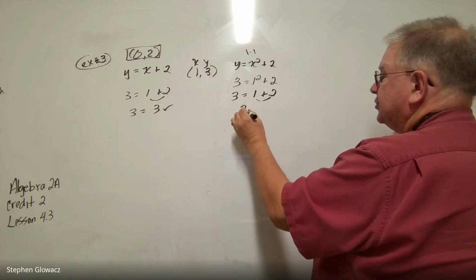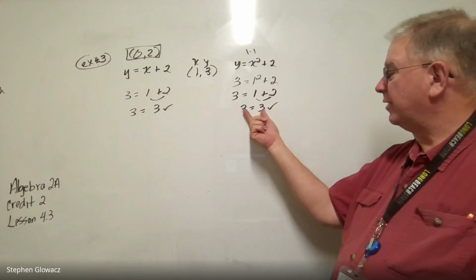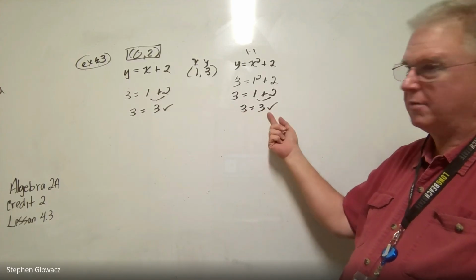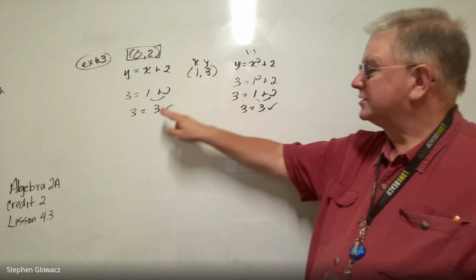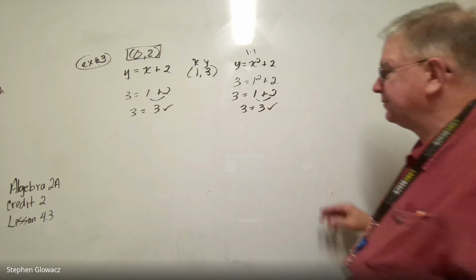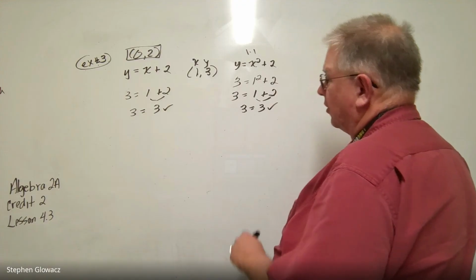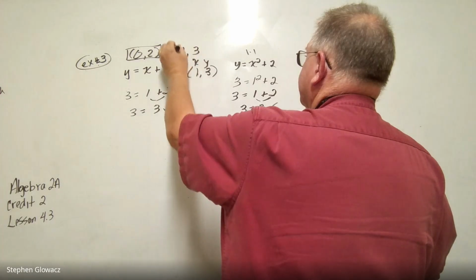And then 1 plus 2, of course, is 3. And that's a true statement. We have the same number on both sides of the equal sign, 3 equals 3. So (1, 3) is a solution to the first equation and to the second equation. And so that would be a solution to our system, (1, 3).